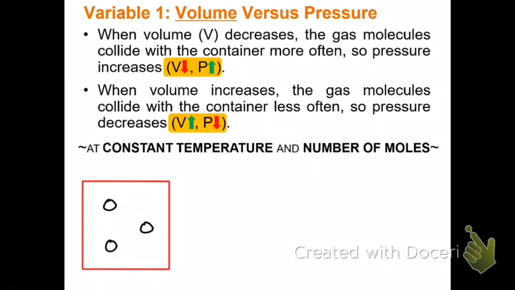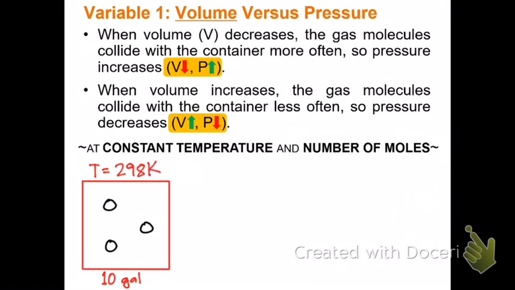And let's also say this is a 10-gallon container. We're going to keep the temperature and number of molecules constant, so I'm going to put the temperature at, let's say, 298 kelvins.